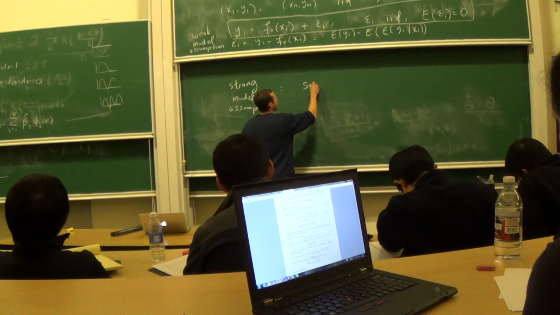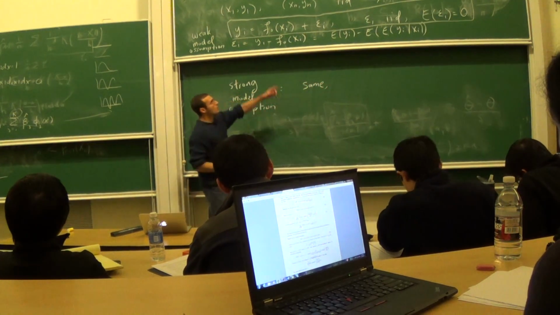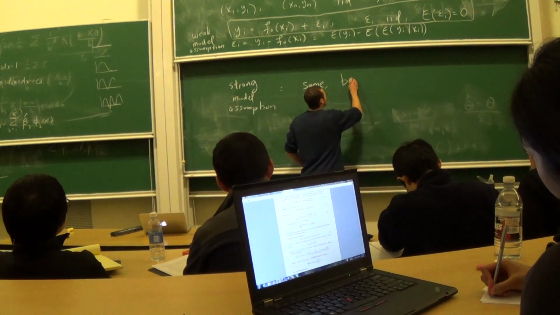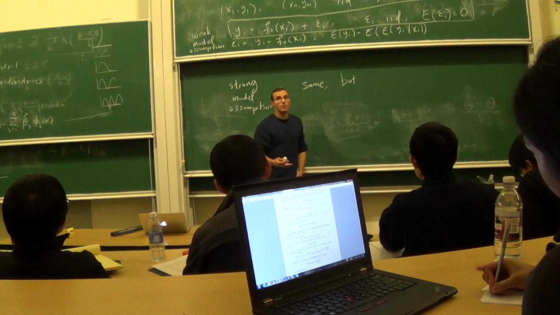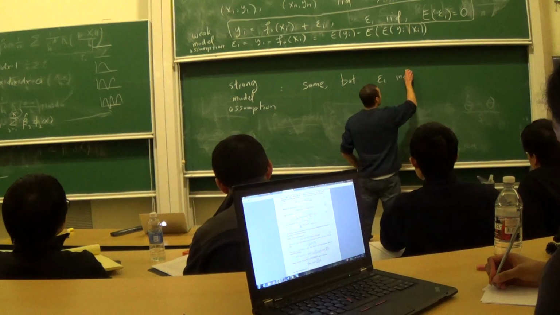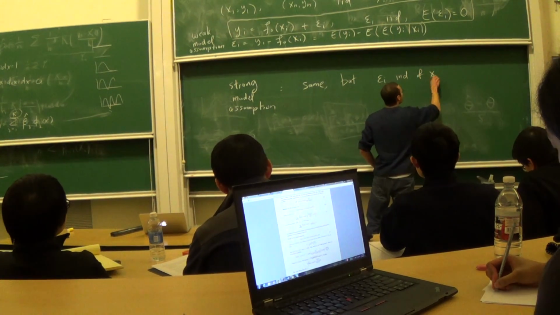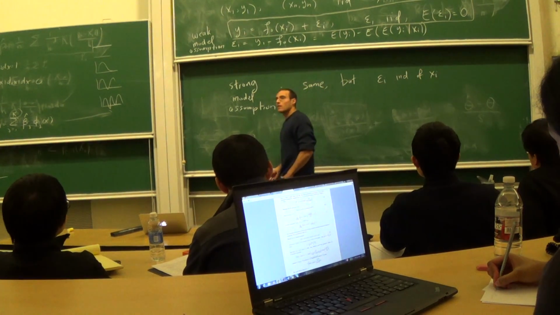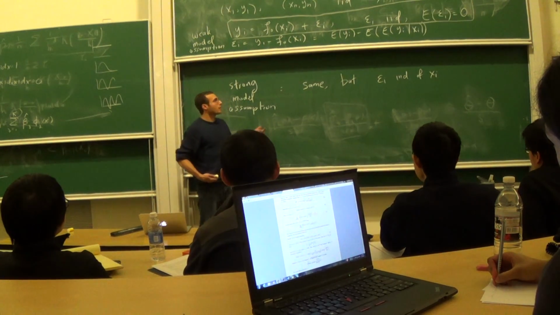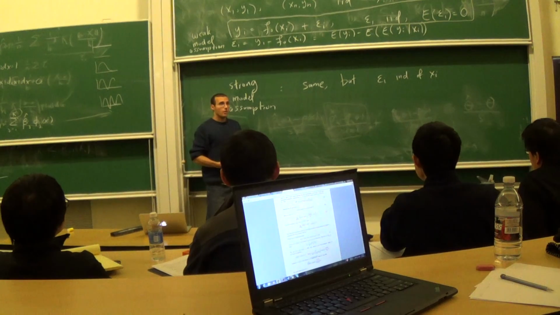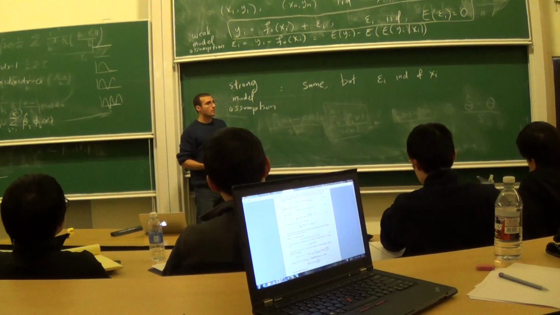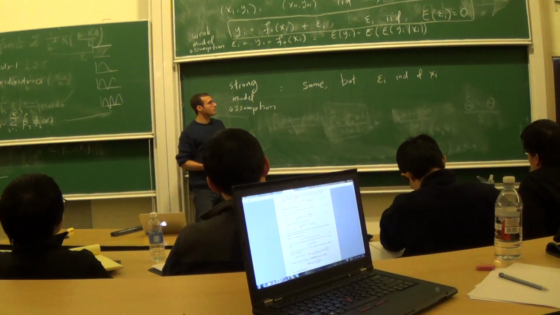It'll be the same as above, so I'll assume that model, but I'm going to assume something else, which is that each epsilon_i is independent of each x_i. I forgot to mention that I will post lecture notes just like Larry did for all of this stuff, and it'll contain this information. So if you just want to listen now, it's fine not to copy this down. I'll post them by Monday.